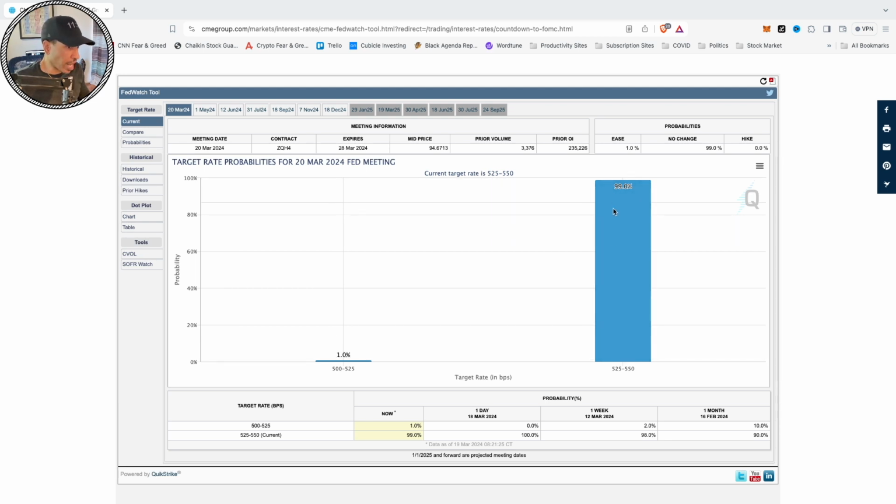So as you can see here, 99% are saying that the current rate, which is 525 to 550 basis points, is going to stay the same.